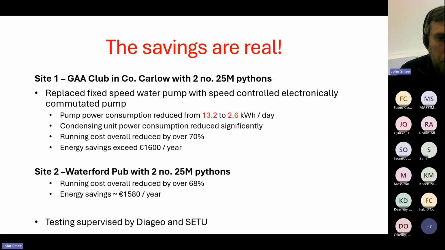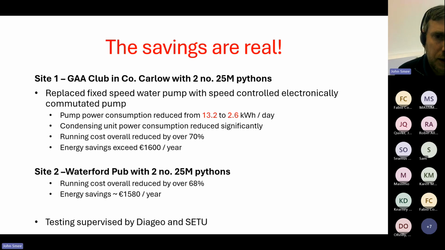Identical beer cooler in a different pub, we did a before and after study: 68% power reduction and energy savings of 1,580 per year. And that testing was independently supervised as well by the Southeast Technological University and Diageo. So we can stand over the figures.